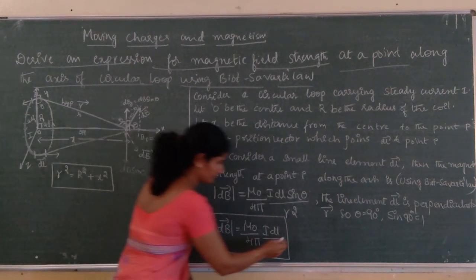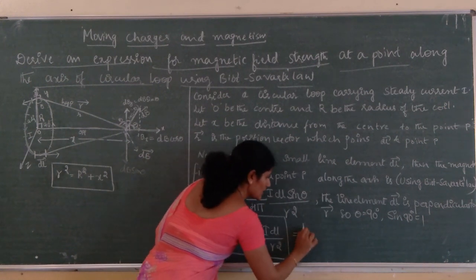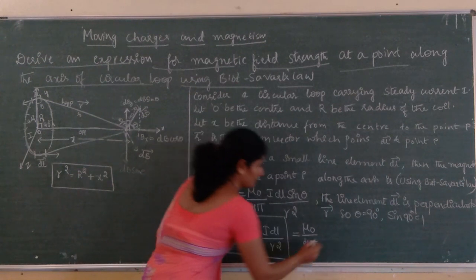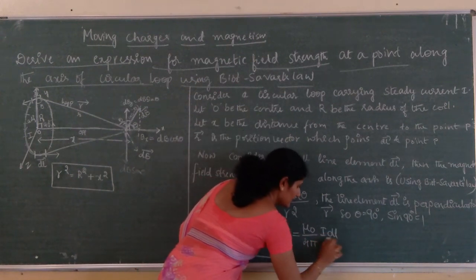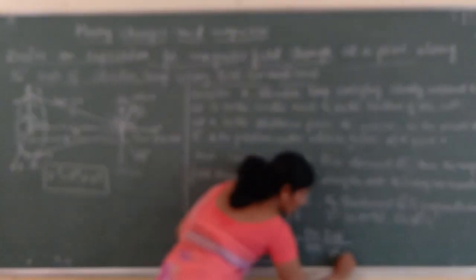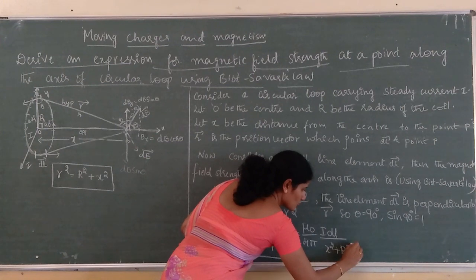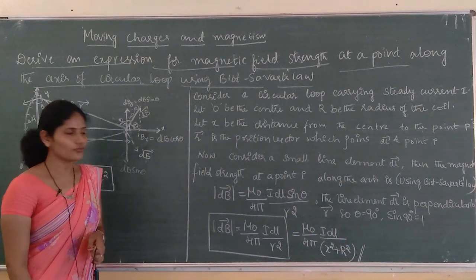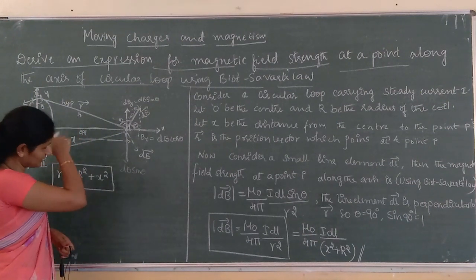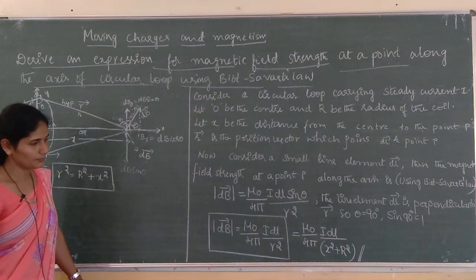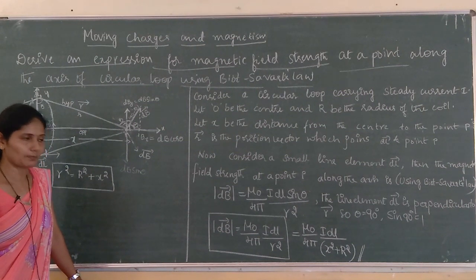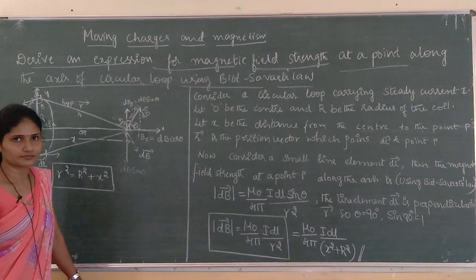So, here this becomes mu naught by 4 pi I dl divided by x square plus R square. This is the expression for magnitude of magnetic field at a point P along the axis.